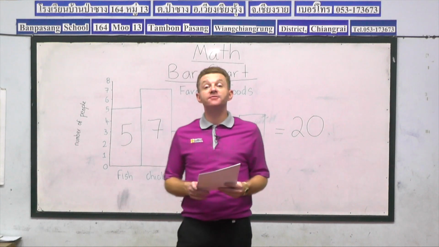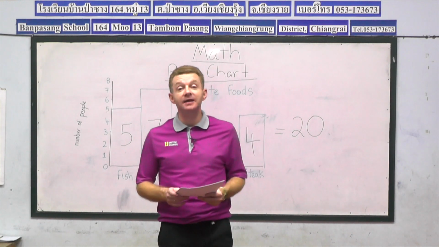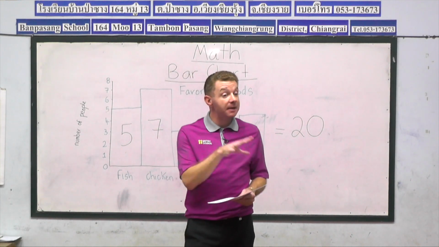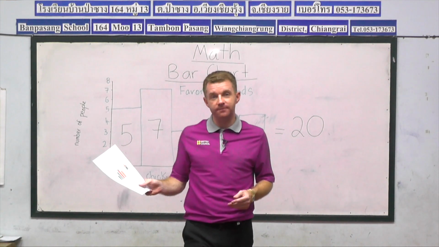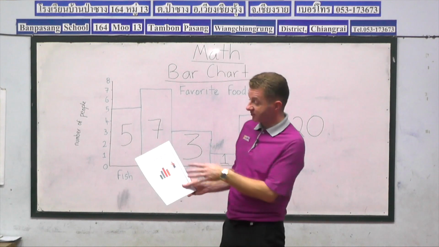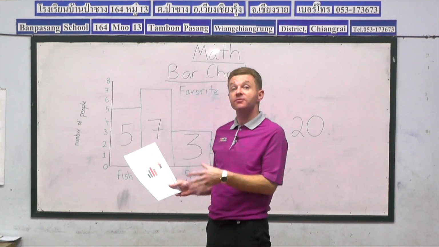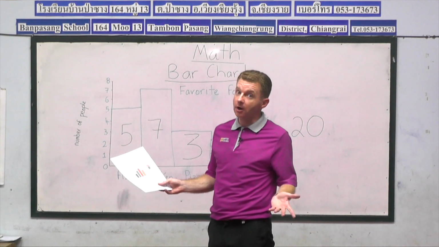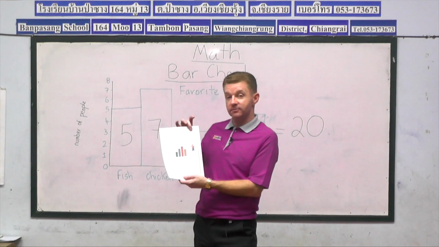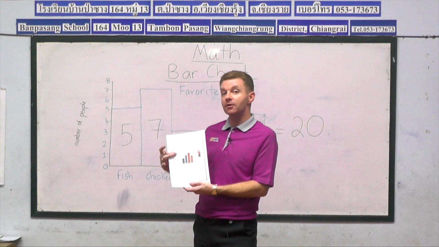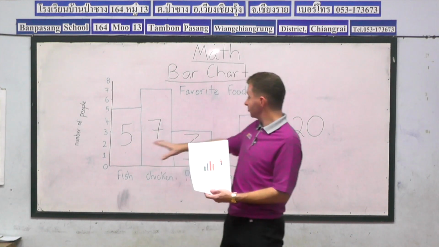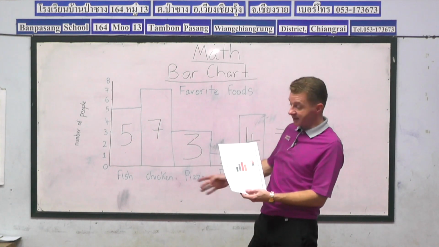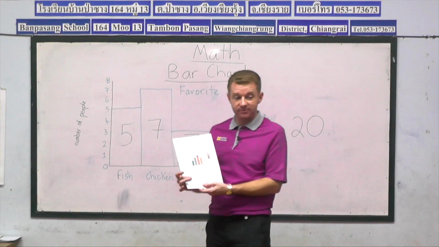And now it's time for our worksheet part of the lesson. So teachers, make sure every student in your classroom gets their own worksheet. And what we've got on today's worksheet is an example of a bar graph or a bar chart. And what we want our students to do is demonstrate their understanding of how to read the bar chart correctly, just like we've done with our board exercise here, to answer the different questions.